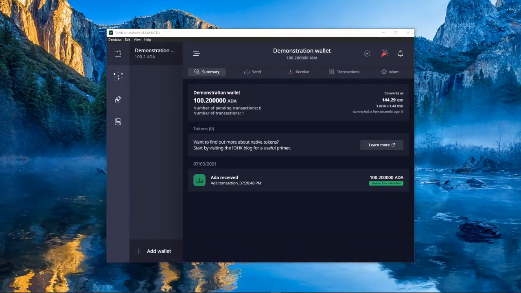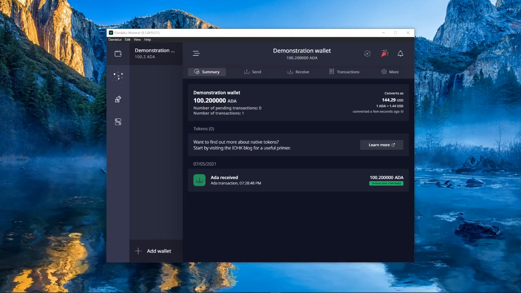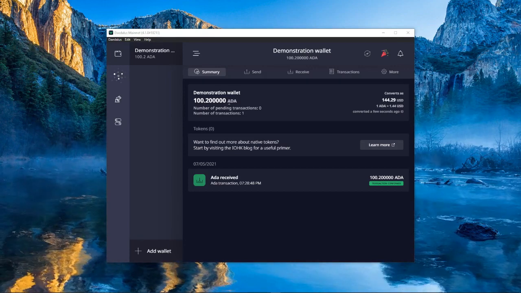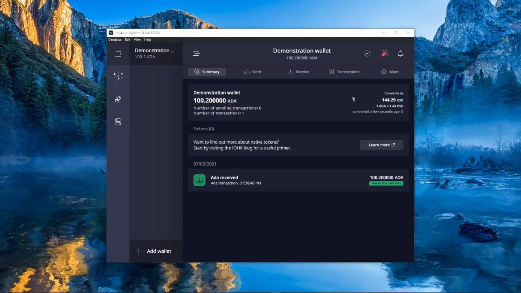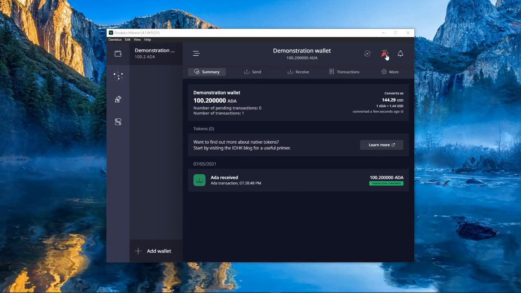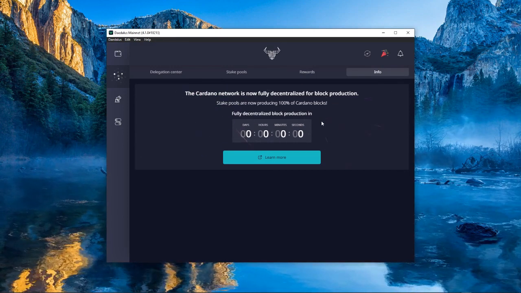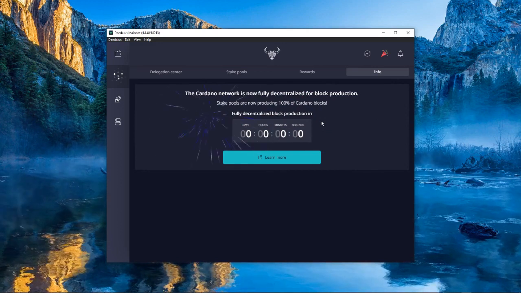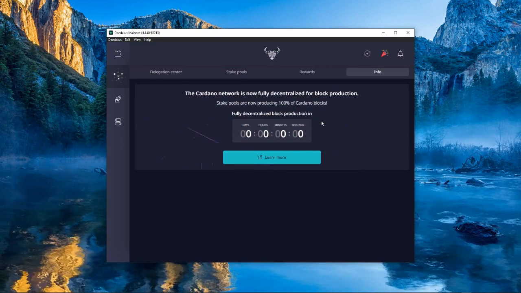So now that we have Daedalus synchronized with the public ledger, we can see some new stuff in the Daedalus wallet, such as your Cardano that you may have sent to yourself while waiting, and possibly an icon here showing that the Cardano network is fully decentralized for block production. So the stake pools are the only source of Cardano blocks.